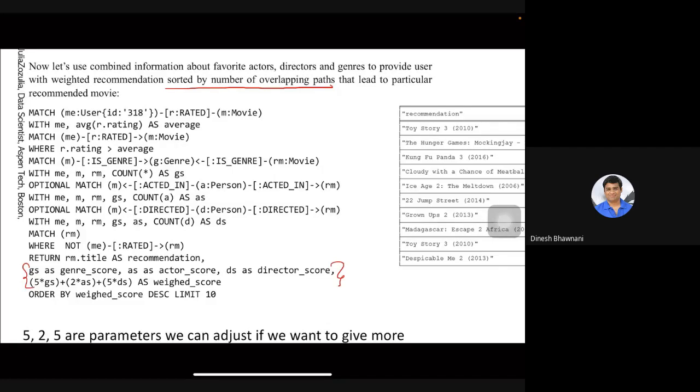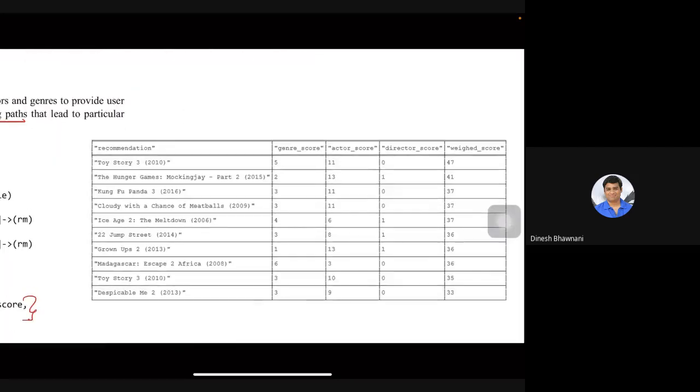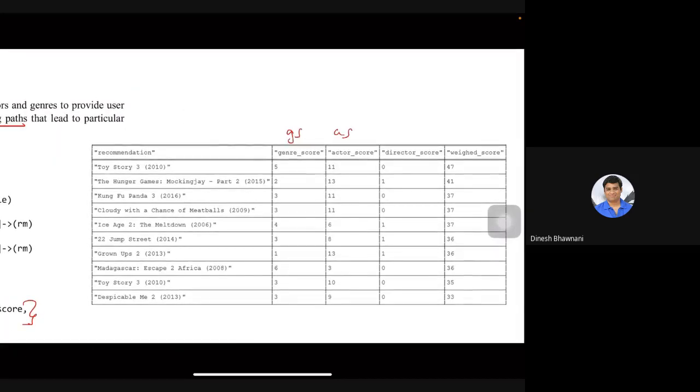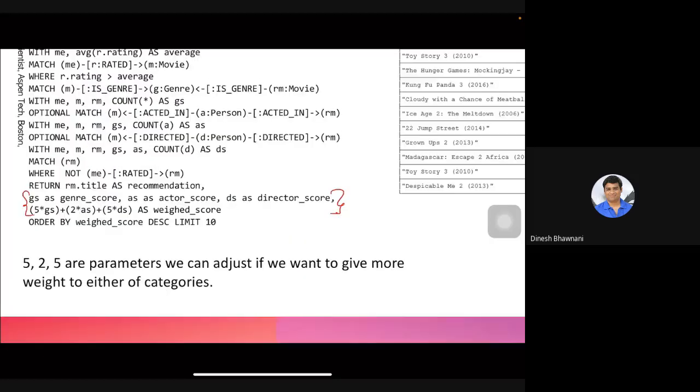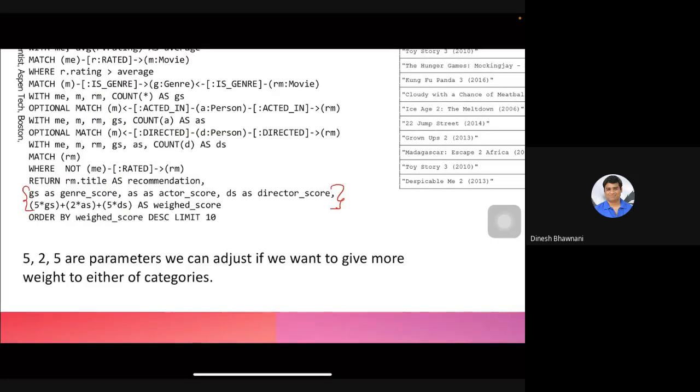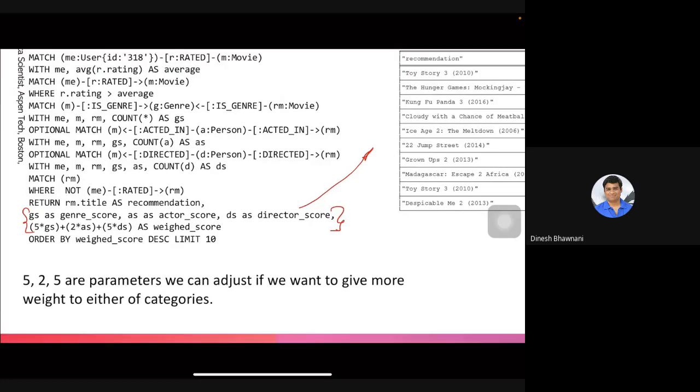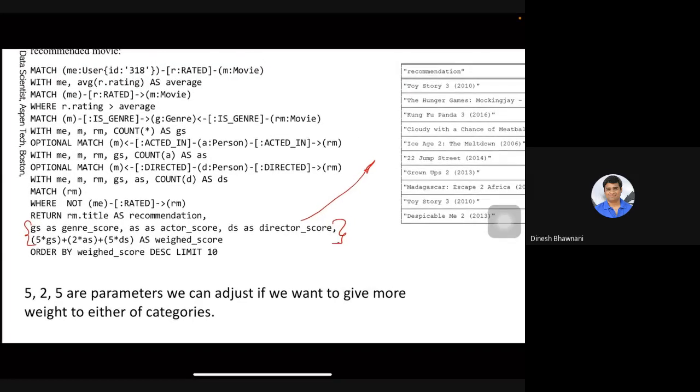We want to score, we want to take hold of the weights. We want the genre score, actor score, director score, GS, AS, DS. This entire line is just to make it beautiful. The actual thing is here.